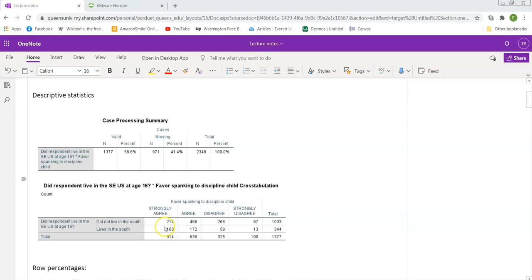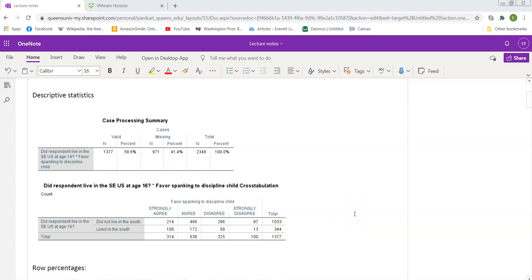There were 100 people who lived in the South and strongly agreed with that statement. This is out of 314 people total who said they strongly agreed. Of the people in our sample, 1,033 did not live in the South when they were 16, and 344 did.